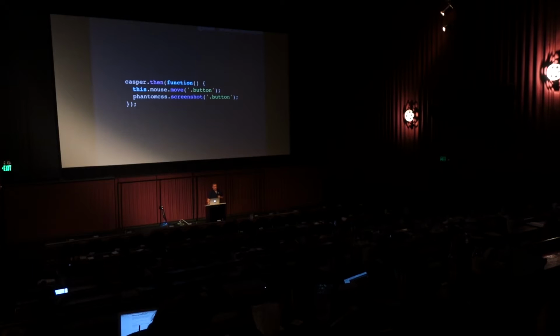You can see if your download works properly. You can fill in a form with .fill. You can scroll to a certain spot on the page, reload, or any sort of mouse event that is available. So for example, we can say Casper.then, this mouse move to the button, and then we'll take a screenshot of a hover state on that button.